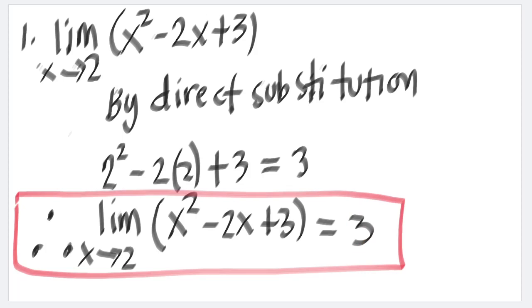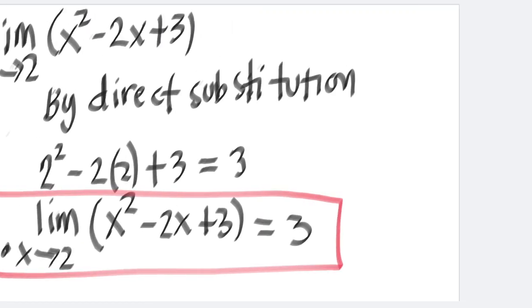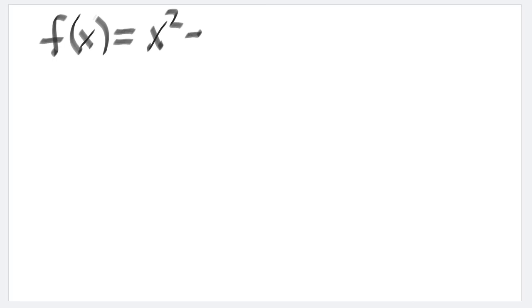So, if you want to graph that one, f of x is equal to x squared minus 2x plus 3.